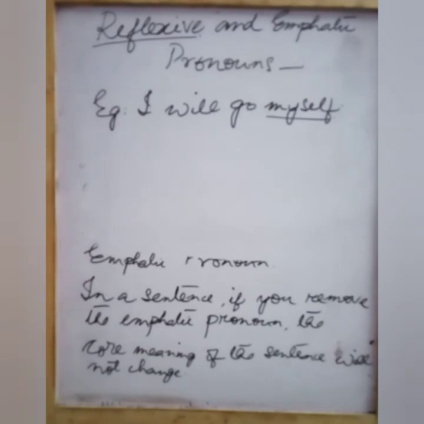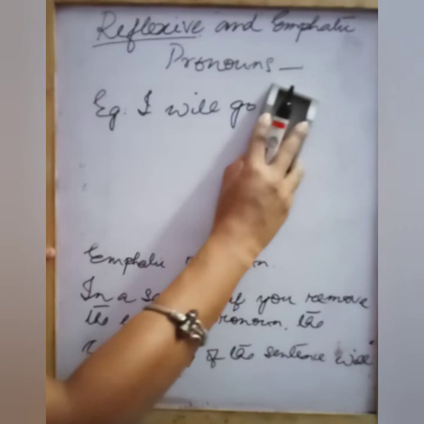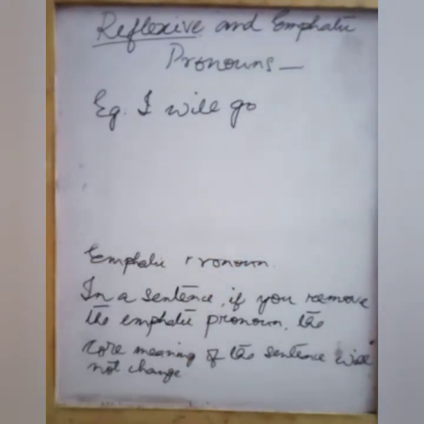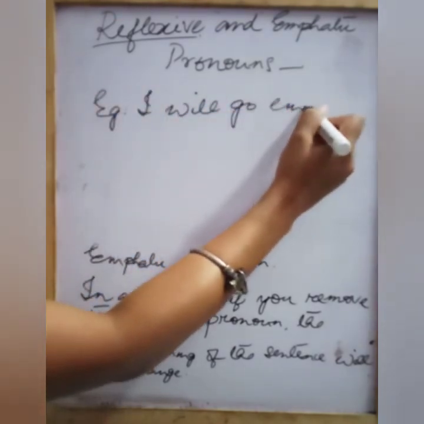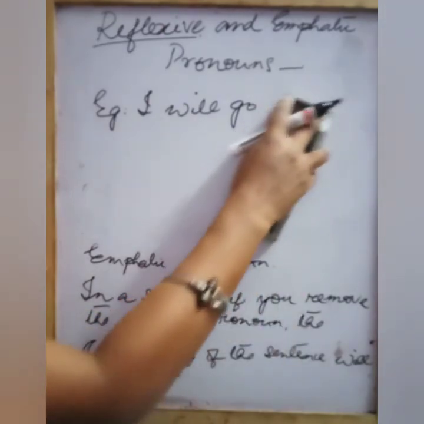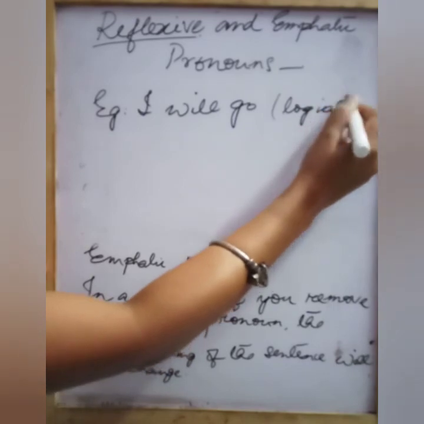I will go myself. Now if I remove myself, if I remove this emphatic pronoun, does the sentence make sense to you? I will go. It's totally logical, right? It is still making sense. So this is the trick.